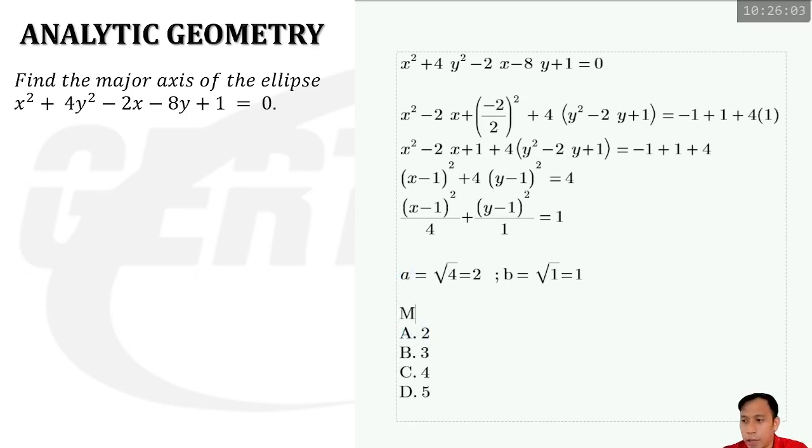Take note, the length of the major axis is twice A, which is 2 times 2, and that is equal to 4.